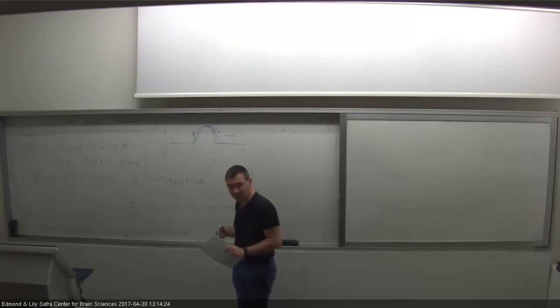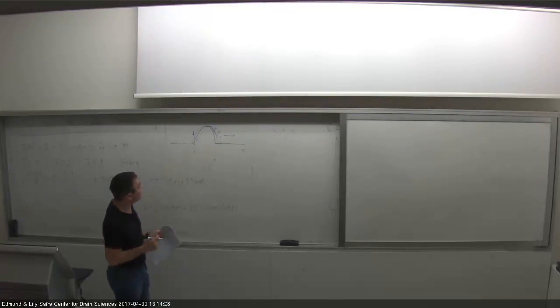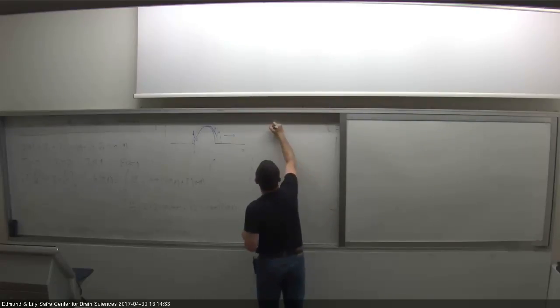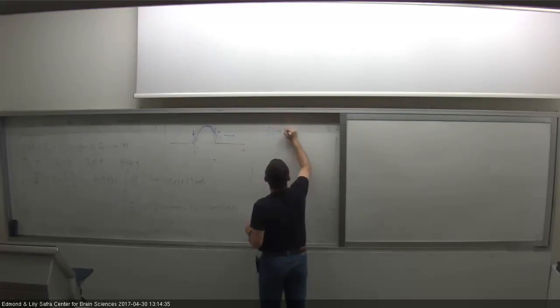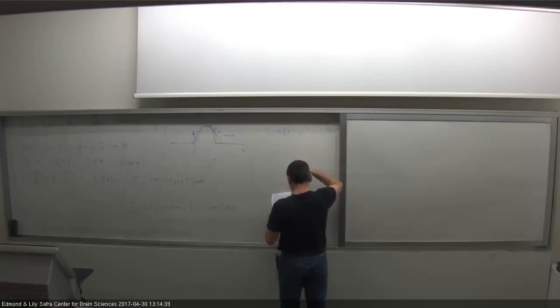Since we're looking for a solution that is periodic, rather than thinking about the activity of a neuron theta at time t, we can assume that it is some function of theta minus wt.